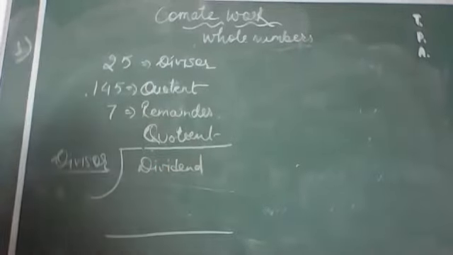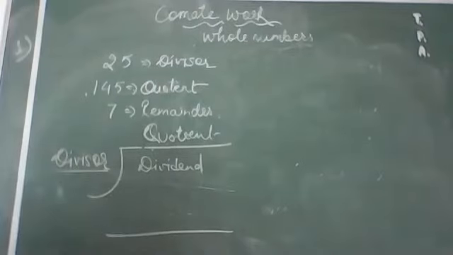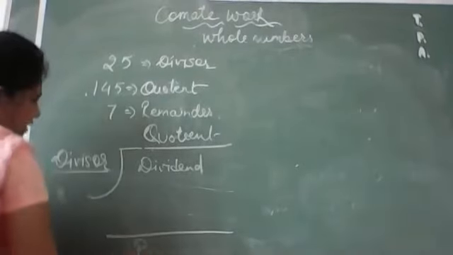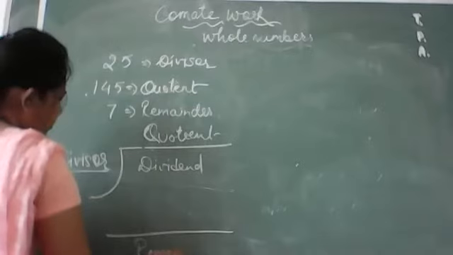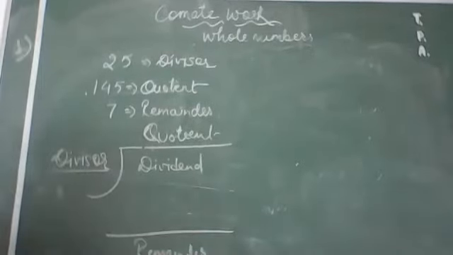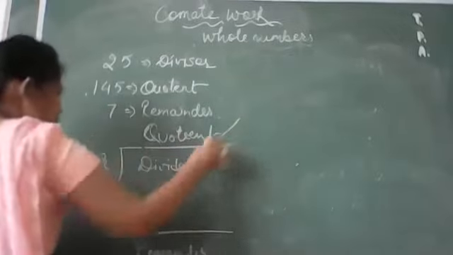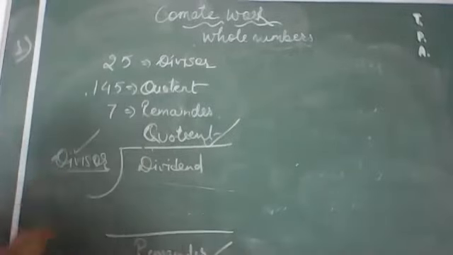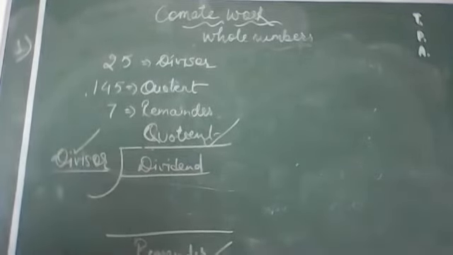And the last thing which is left over after division, that is called the remainder. So always remember, whenever you have the quotient, remainder and divisor, and you have to find out the dividend, the process is very easy.